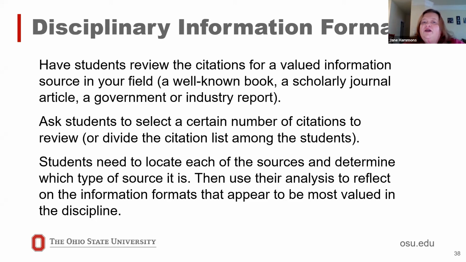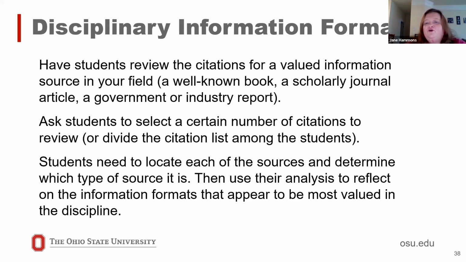And having students look at the citations in that source and select a certain number of those citations. You could perhaps divide the citation list among students if you have 50 citations or more, and have them locate each of those sources and determine what type of source it is.